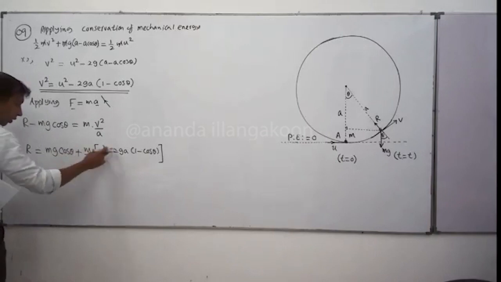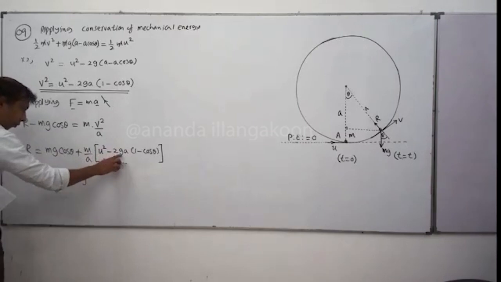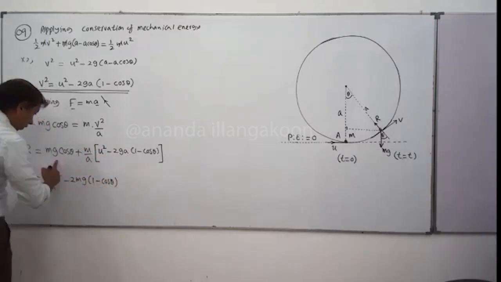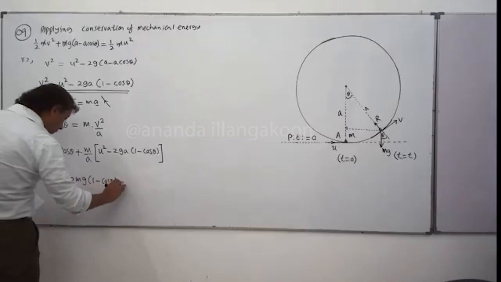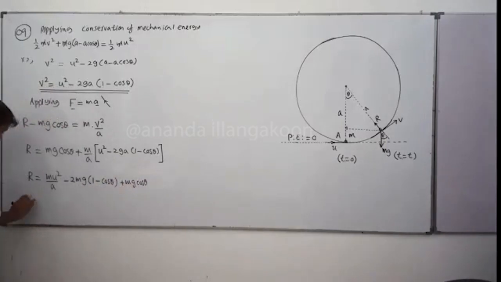When you multiply this and this, the A and this A you can cancel down. Multiplied by m, minus 2mg times 1 minus cos theta plus mg cos theta is equal to mU squared by A.